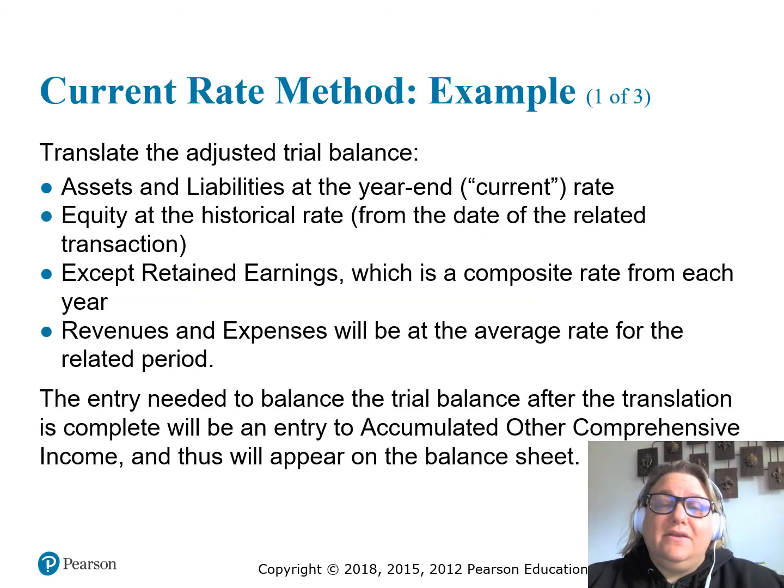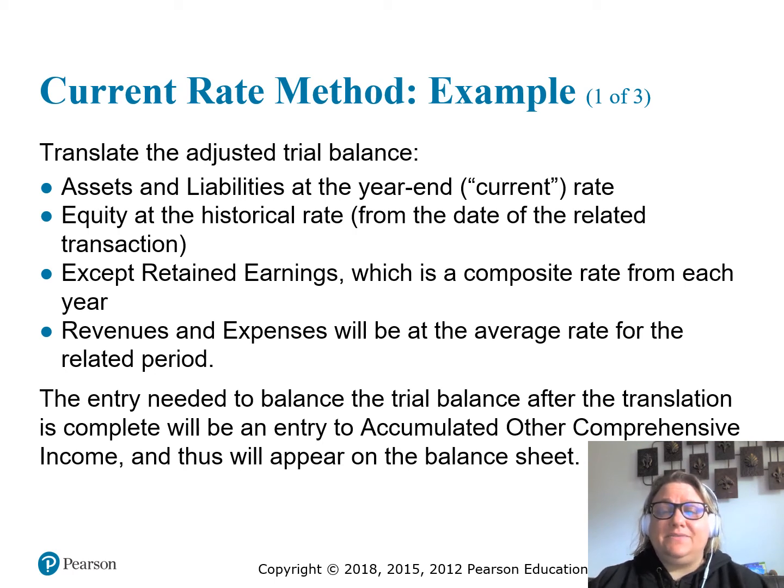So we're going to do this current rate example. We're going to translate the adjusted trial balance of the assets and liabilities at year end using the current rate. We're going to translate the equity at the historic rate from the date of the related transaction, except retained earnings, which is a composite rate from each year.